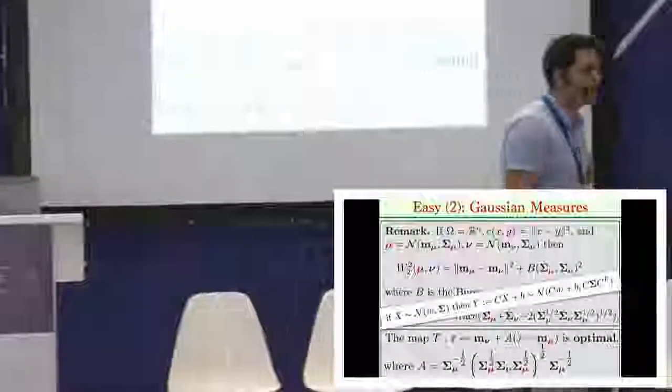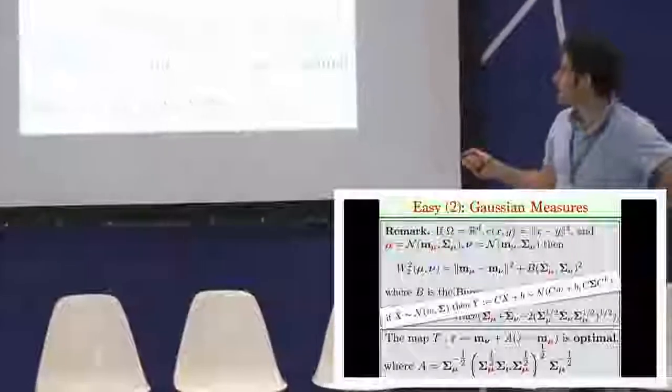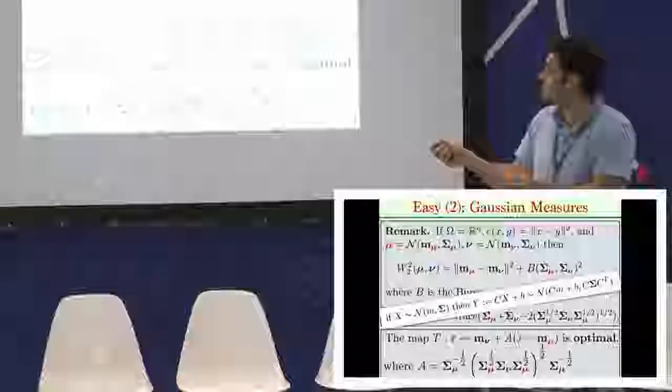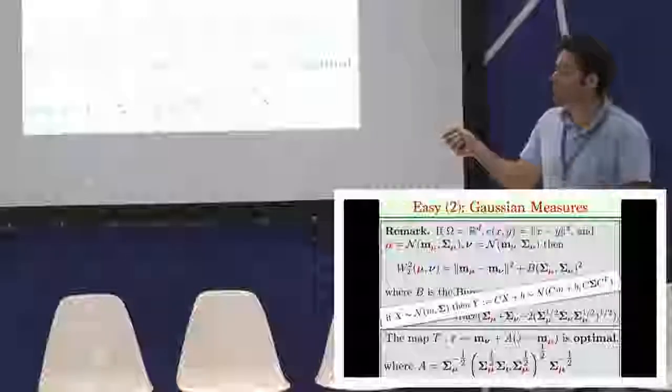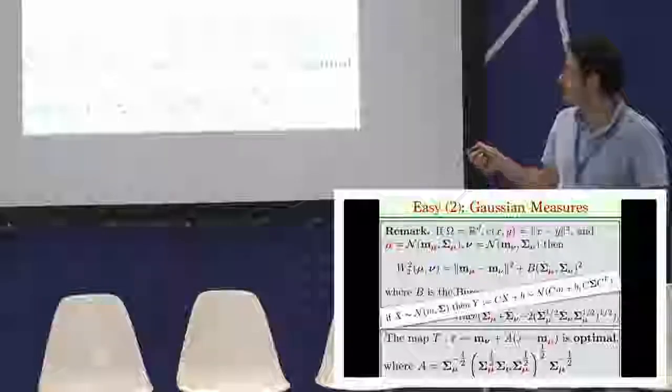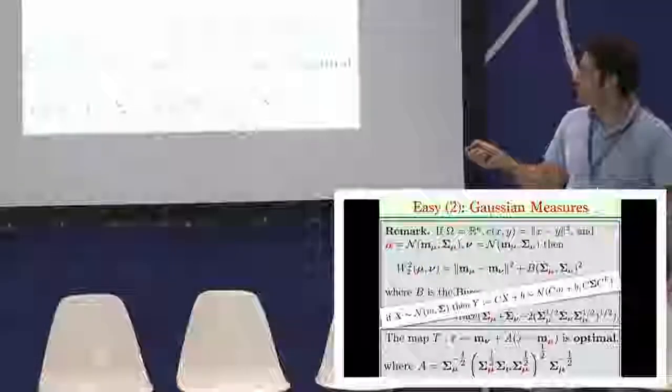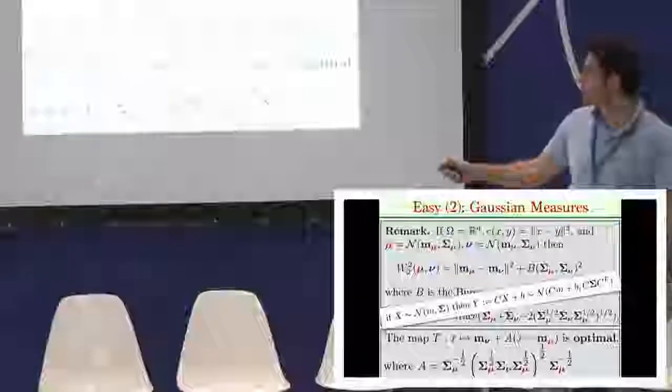That's a fundamental principle of Gaussians. The Gaussian is moved by the addition of b, the mean m is modified, and the covariance matrix also changes using the matrix C.